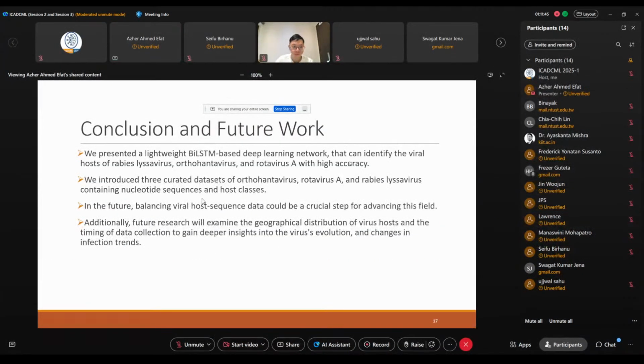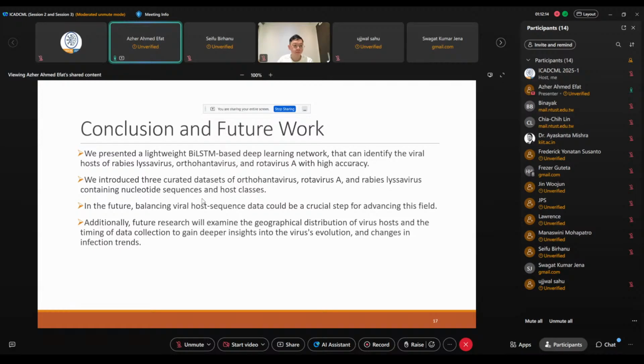So to conclude, we presented a lightweight BioSystem-based deep neural network that can identify the viral host of rabies lyssavirus, orthohantavirus, and rotavirus A with high accuracy. We also introduced 3 curated datasets containing the nucleotide sequences and host classes for these 3 viruses, which were collected from the NCBI virus database.